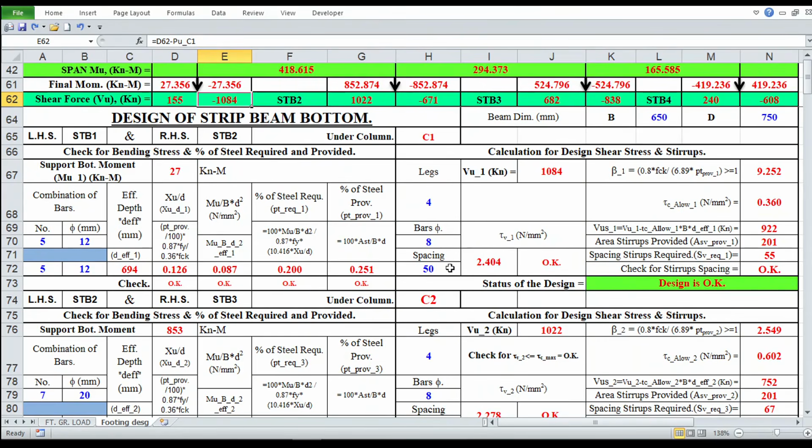Now here the moment is very negligible, so I am concentrating on shear design. Say we are increasing the spacing. Required spacing 55, but we have provided 100, so we have to change.